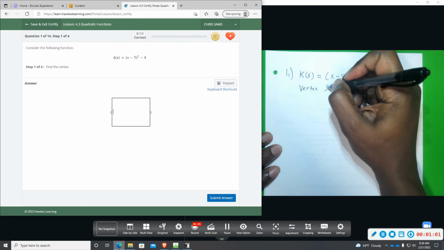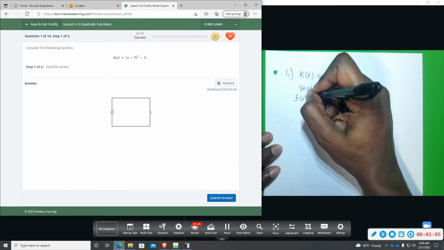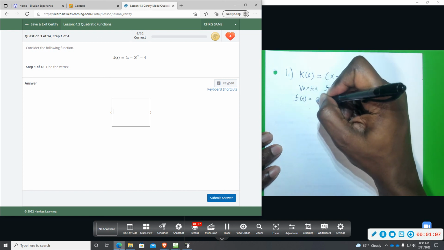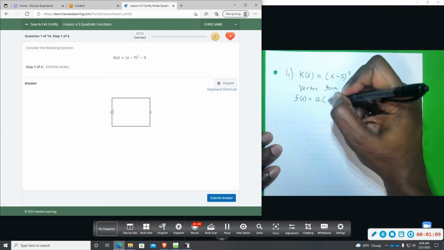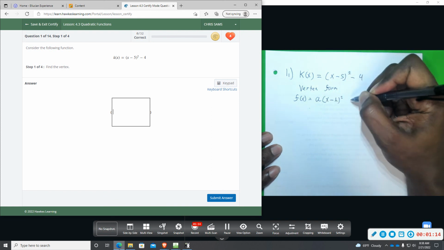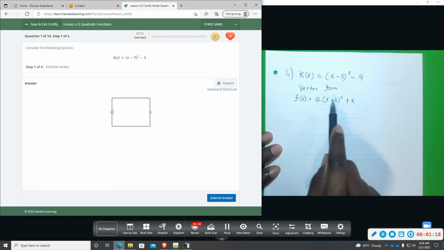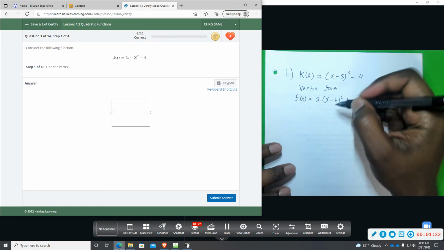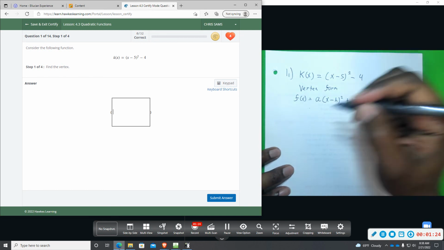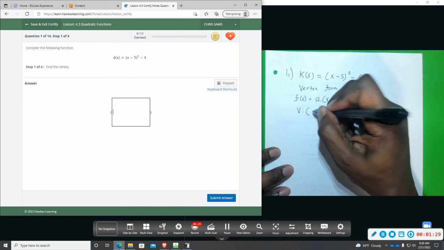Vertex form is generally given as f of x is equal to, and it could be a constant out front, so I'm just going to put a out here, a times x minus h squared plus k. So you need to be mindful of the signs from vertex form. Whenever you write, the vertex is given by h, k.